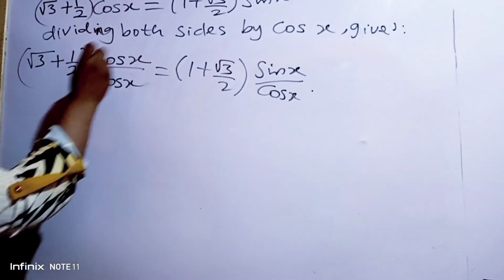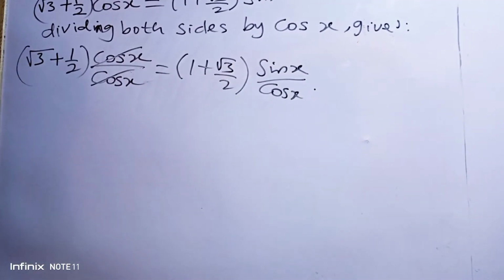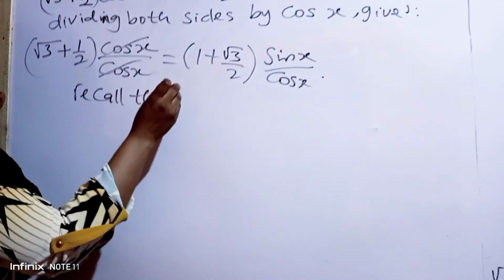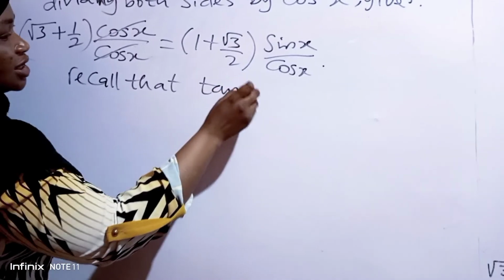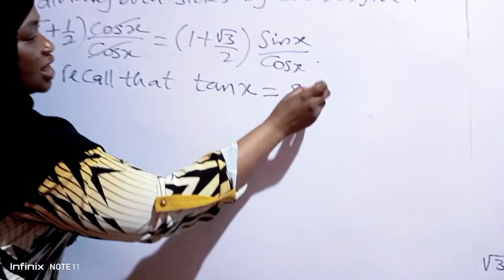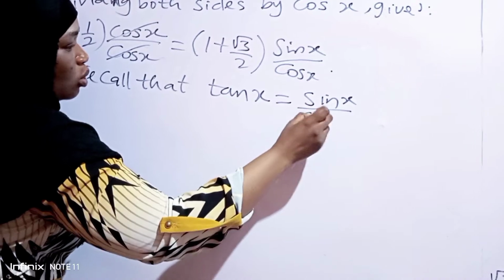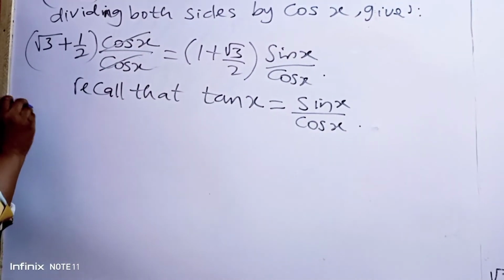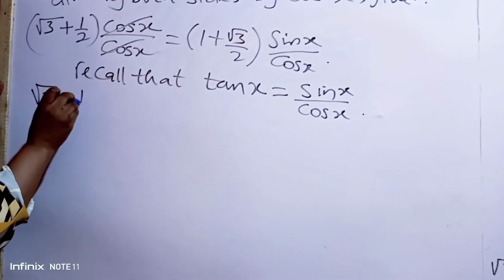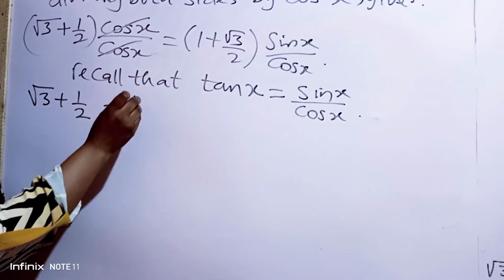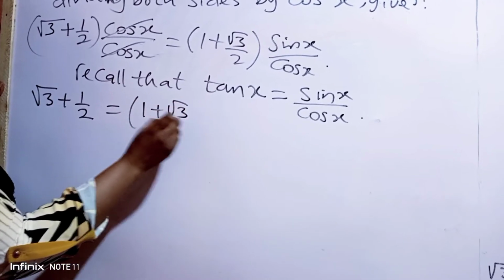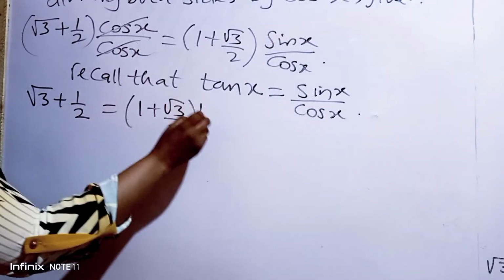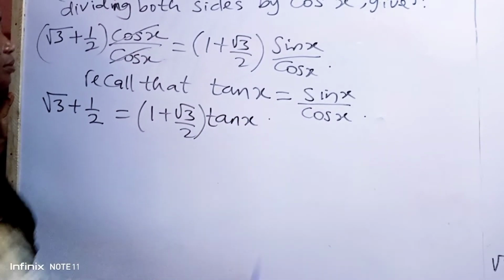Now from here, cos x will cancel cos x. Then recall that tan x is the same thing as sine x over cos x. So let's substitute that value there. So we have root 3 plus 1 over 2 into brackets equals 1 plus root 3 over 2, then wherever you see sine x divided by cos x, we're going to put tan x.